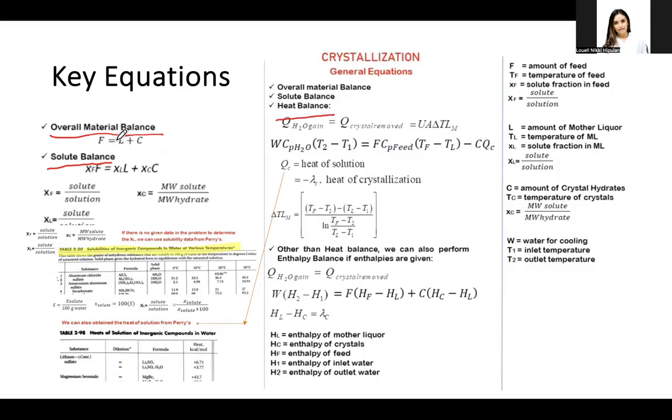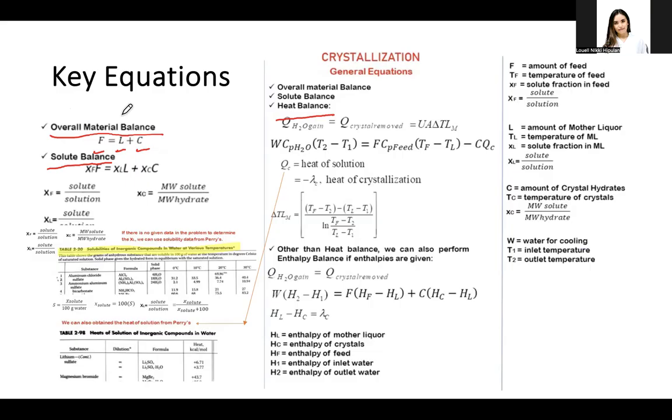For the overall material balance, your feed is equal to your mother liquor L plus C. So F for feed, L for mother liquor, the liquid remaining after crystals form, and C, which is the crystals formed. This equation simply means the total mass in is equal to the total mass out.